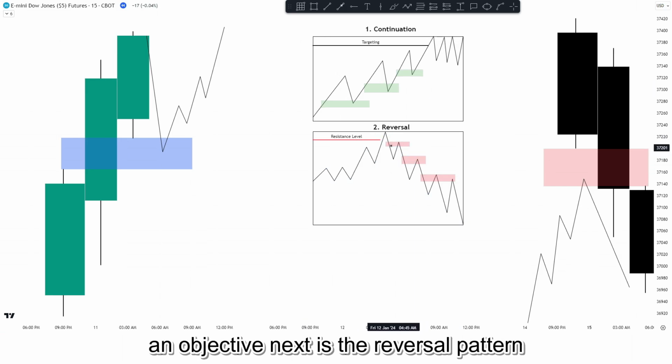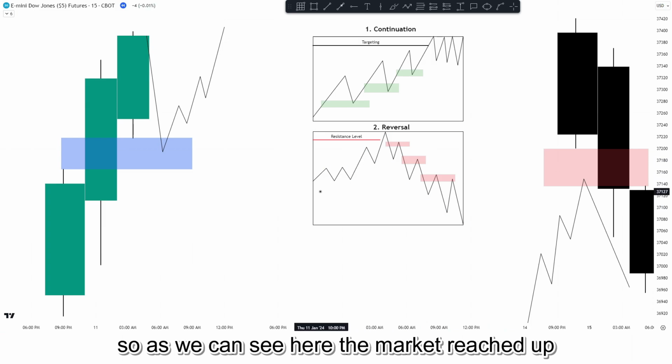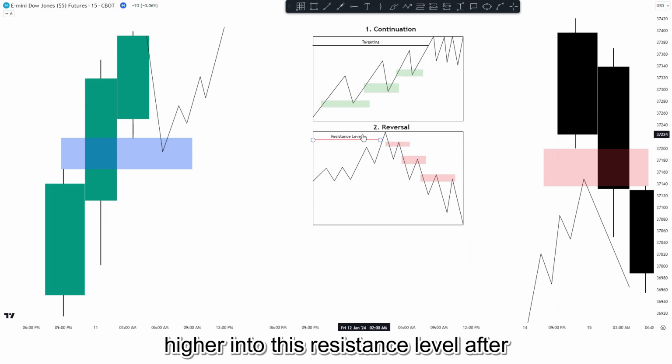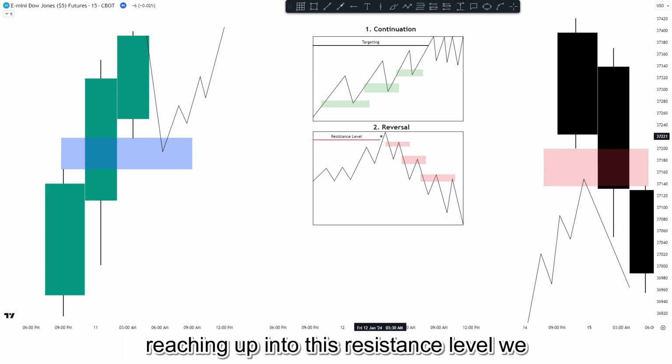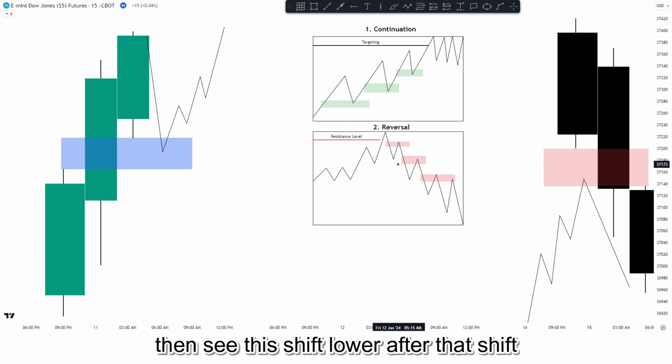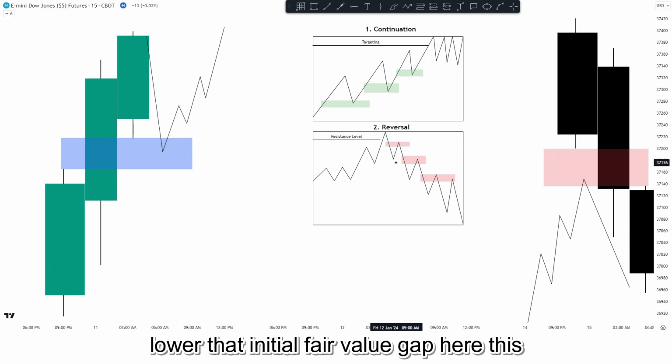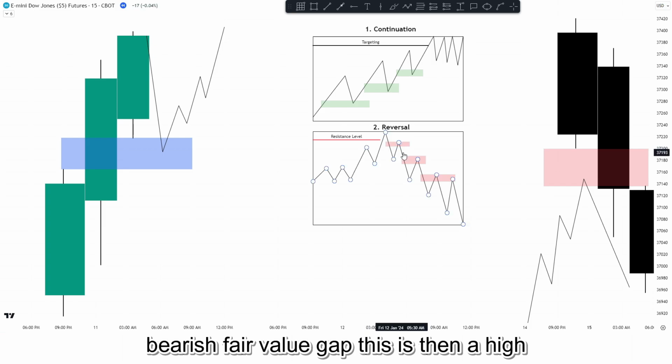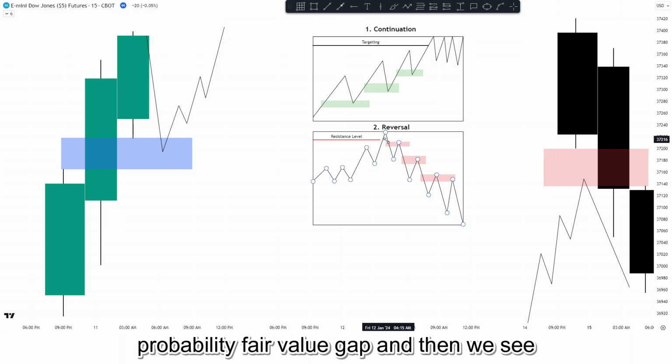Next is the reversal pattern. As we can see here, the market reached up higher into this resistance level. After reaching up into this resistance level, we then see this shift lower. After that shift lower, that initial bearish fair value gap is a high probability fair value gap.